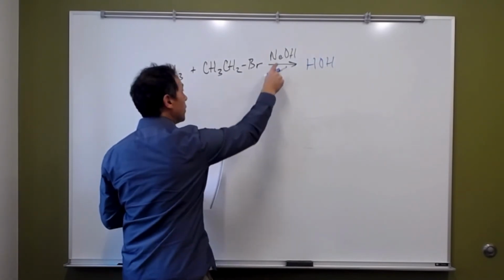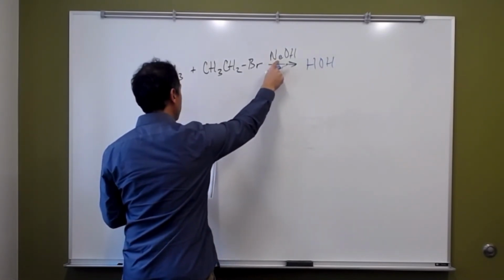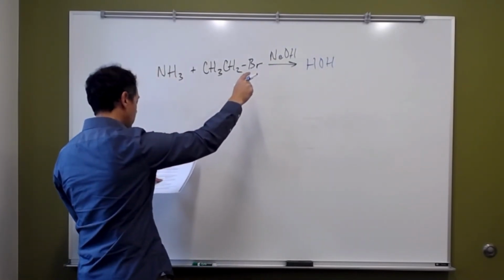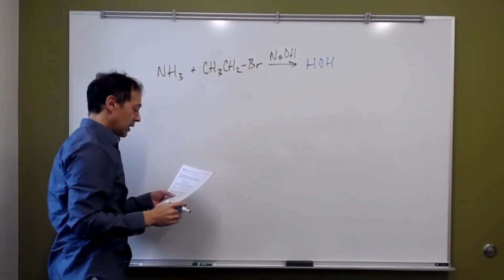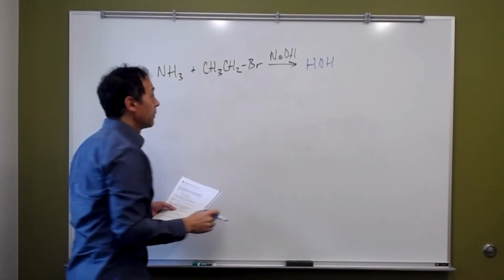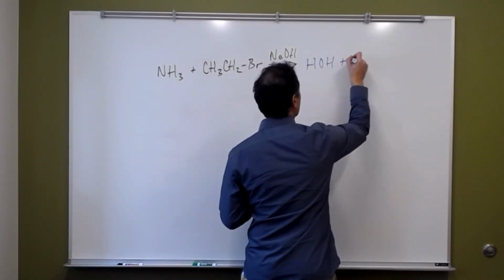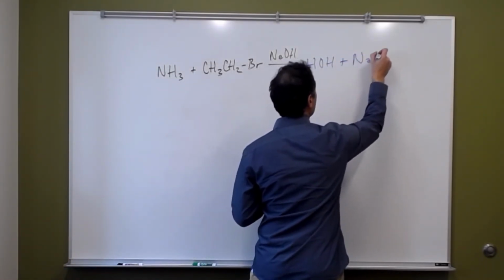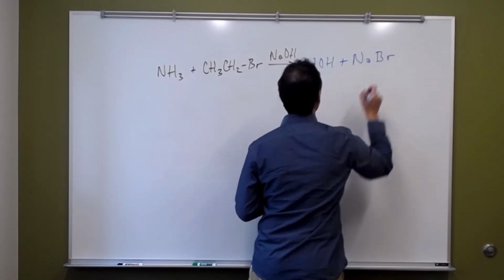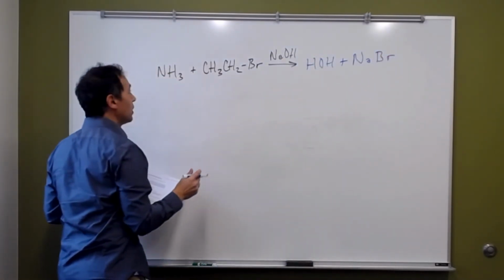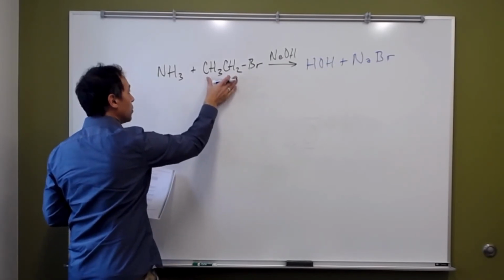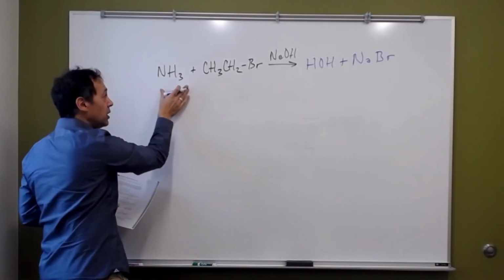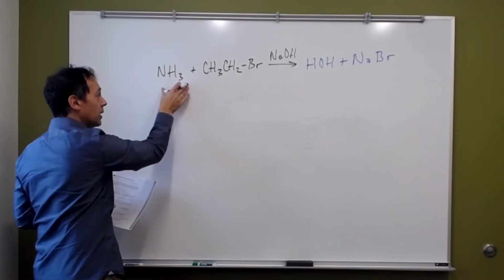And then the sodium over here is going to then react with the bromine here, or come together and make sodium bromide. So that'll be NaBr, sodium bromide. And then what's left over is we're going to be attaching this ethyl group onto the amine group here, or the ammonia here.